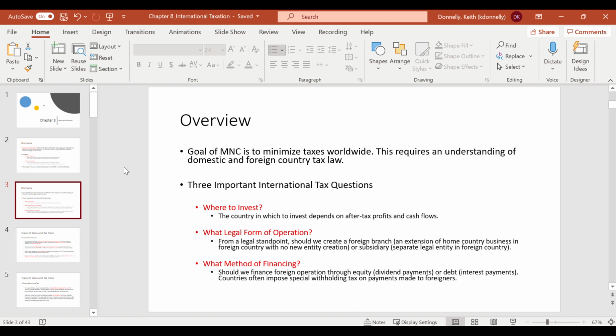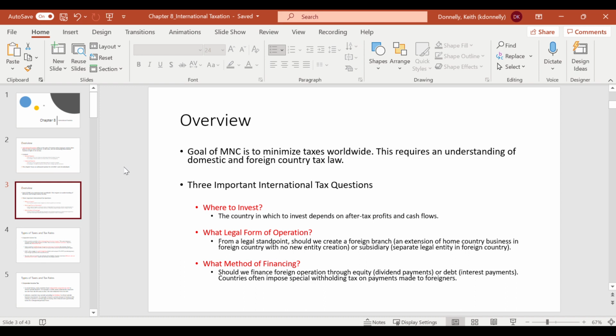So with any taxpayer, the goal is going to be to minimize taxes. So if you have an MNC, then your goal is going to be minimizing your overall worldwide tax liability. To do this, you're going to have to understand your country as well as other countries' tax laws. Now, there's three questions you have to consider here.